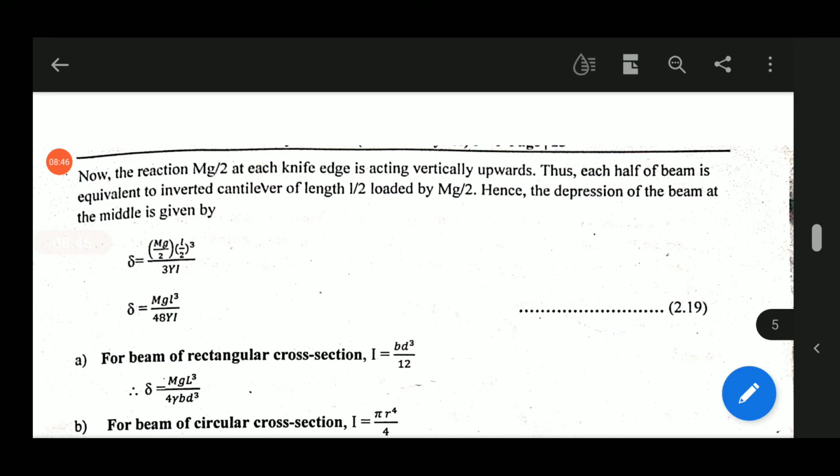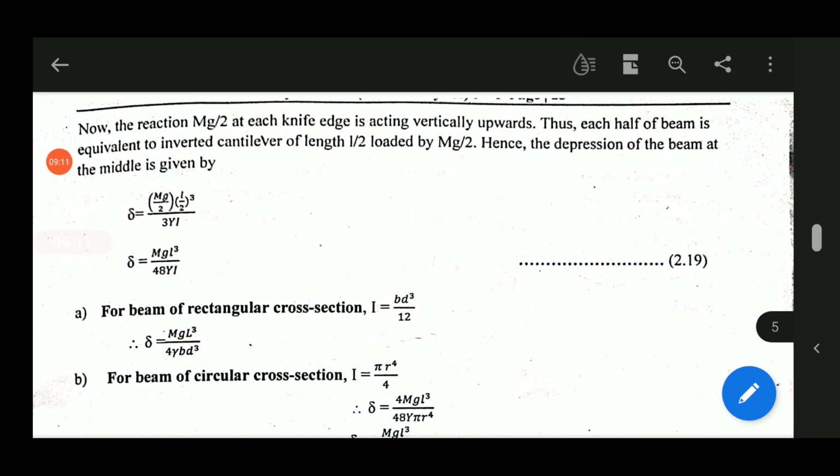Now a reaction mg by 2 at each knife edge is acting vertically upward. Thus each half beam is equivalent to an inverted cantilever of length L by 2 loaded by mg by 2. Hence the depression of the beam is delta equal to (mg/2)(L/2)³ upon 3 Y I, so we get mg L³ upon 48 Y I.